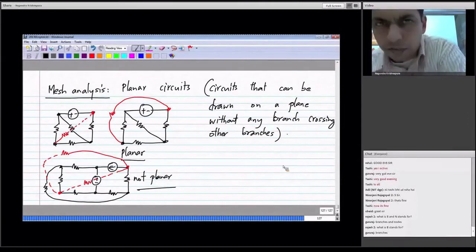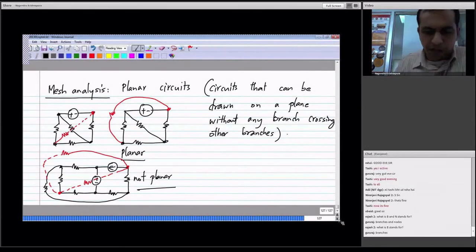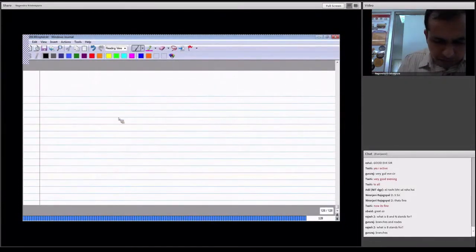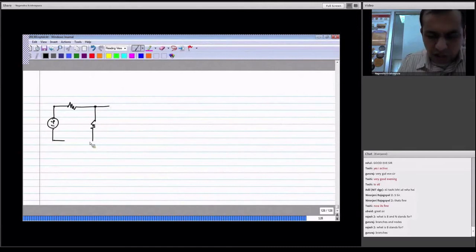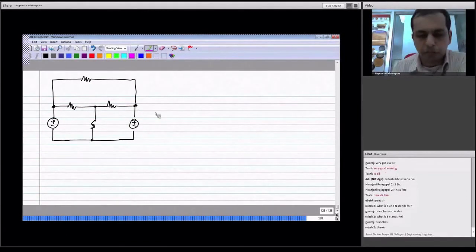So once you have a planar circuit, let me again take a circuit of this sort, and I will initially consider a circuit with only resistors and voltage sources. This is a planar circuit, no branch is crossing any other branch.